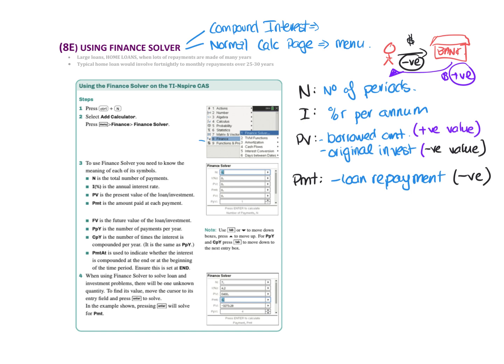But if it was an investment withdrawal, as we've seen in our scenario, where we're getting our money back in a regular payment, that would mean it's positive. So you can just think about it: if you're putting into the bank, it's negative. If it's coming into your hand, it's positive.